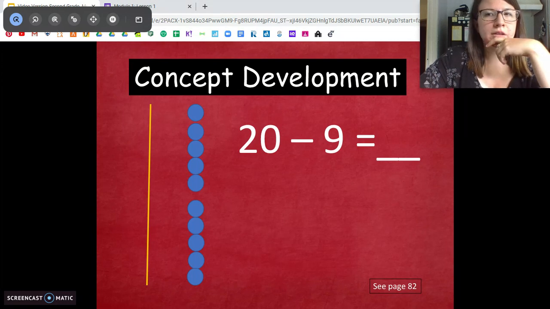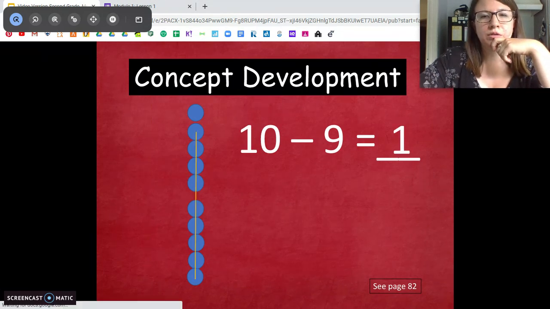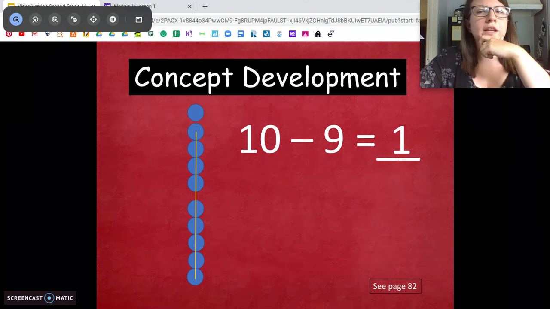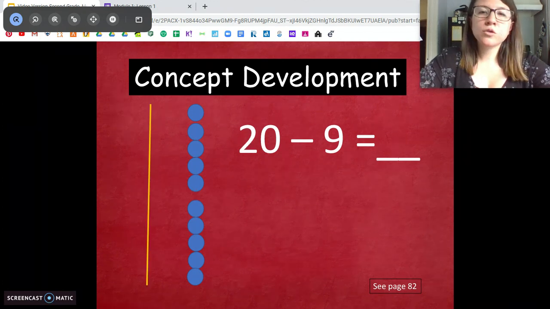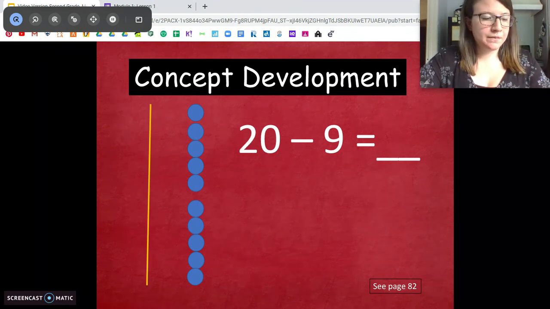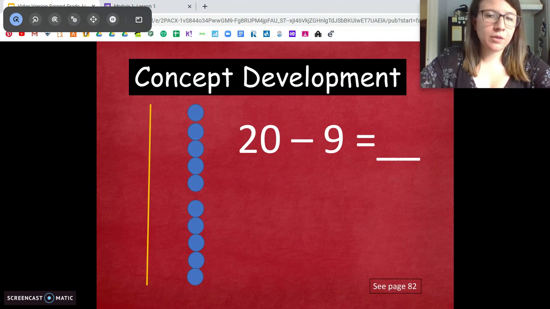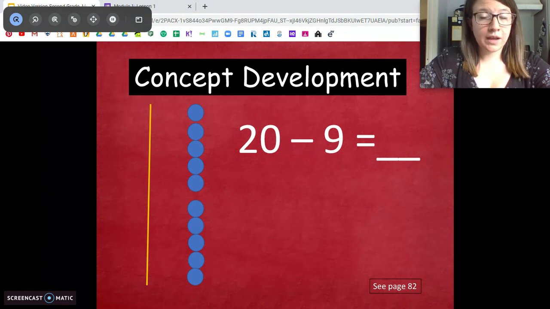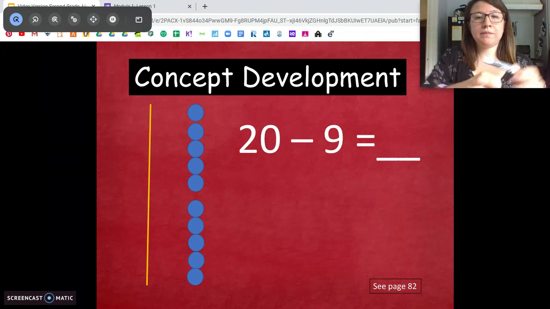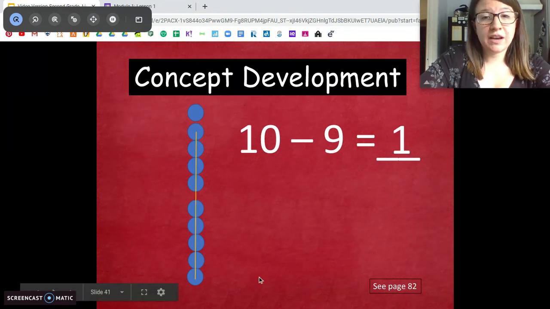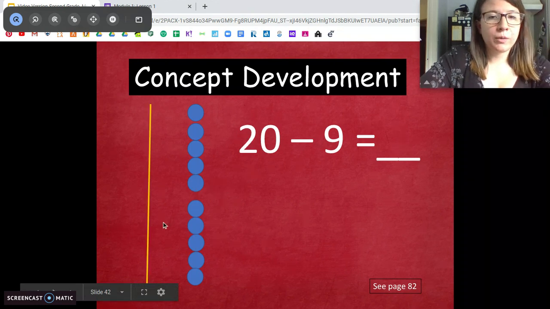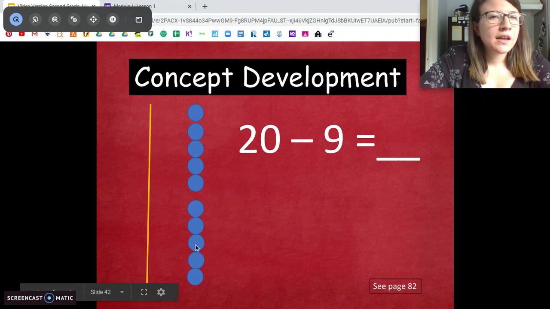Pause the video, discuss with someone at home how we can use 10 minus 9 equals 1 to solve for 20 minus 9. How are those problems similar and how are they different? Okay, what I'm noticing is we have, in this drawing we just have 1s. In this drawing we have an extra 10.